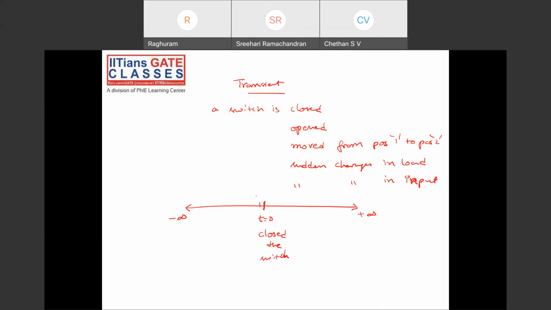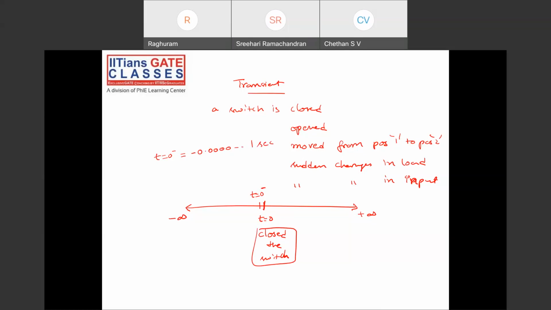That means at t equal to 0 minus, what is the position of the switch? T equal to 0 minus is nothing but minus 0.00001, that much of a second just before the switching action takes place.